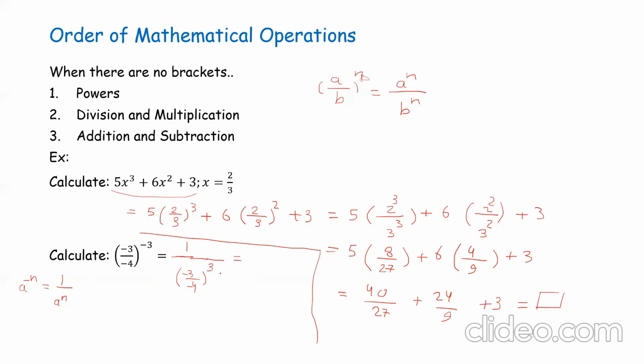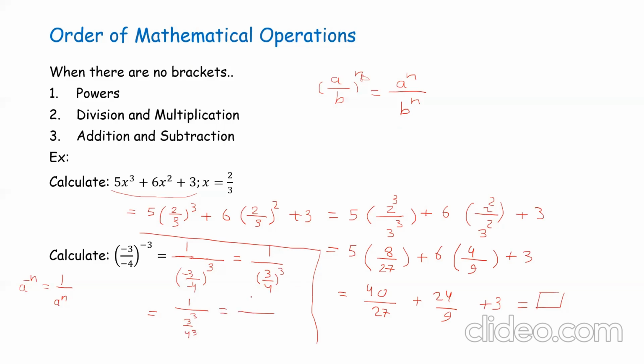Now, first of all, minus and minus will give me a plus sign. So we can rewrite it as 3 over 4 to the power of 3. Okay, so this will give me again 1 over, according to this rule, 3 to the power of 3 over 4 to the power of 3.